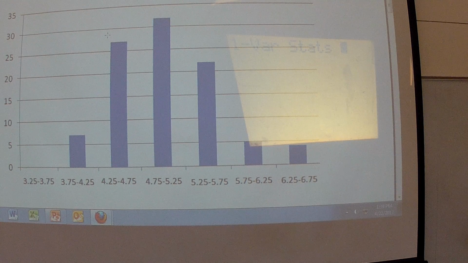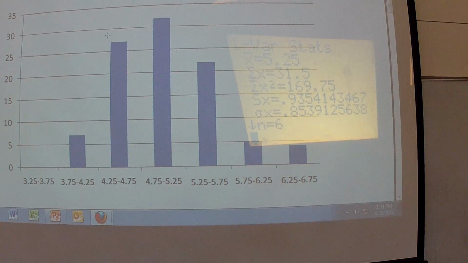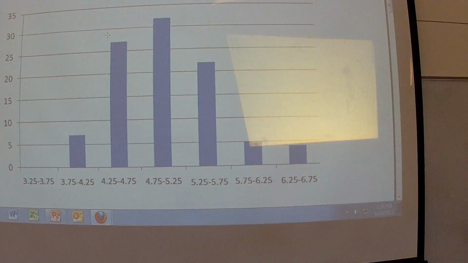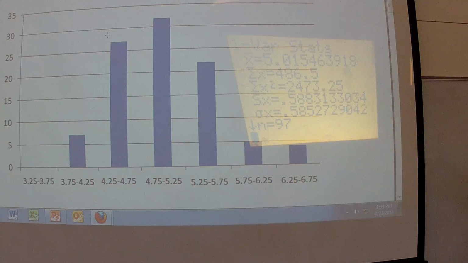If you press enter right now, you will get an answer, and it probably won't be the right one. It'll gladly give you numbers, but the problem is it's not looking at the actual frequencies that are included. So you have to not just tell it that. Just like Cassie said, we got to tell it L1, L2, which now has it look at the actual frequency counts in L2 for the data in L1. It's cool? Cool enough-ish? Okay, good. There we go.